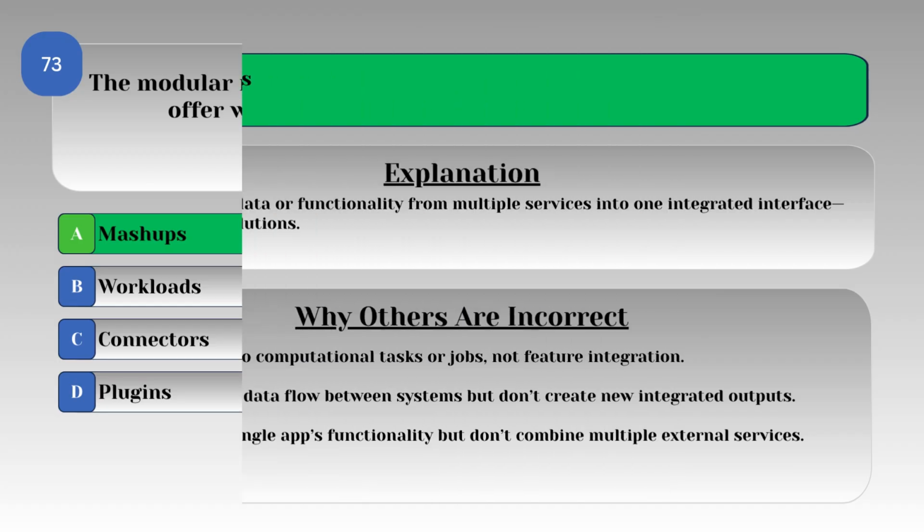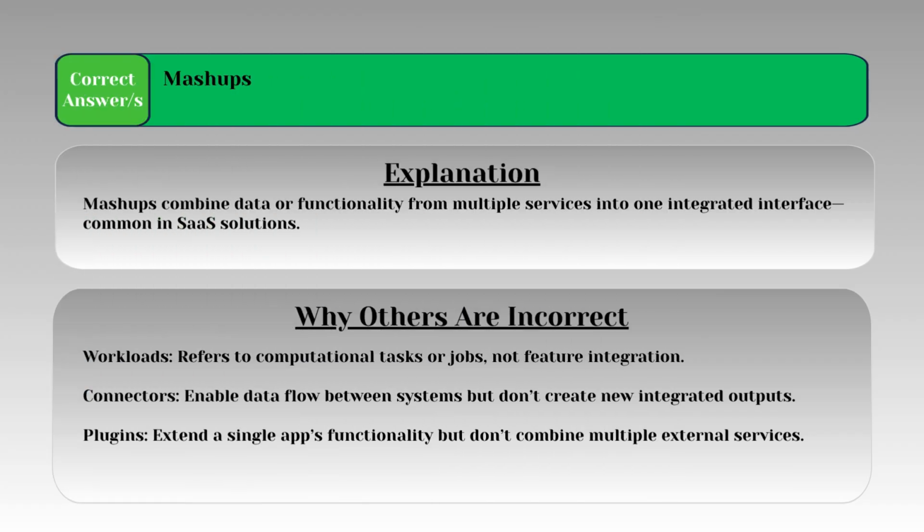Explanation: mashups combine data or functionality from multiple services into one integrated interface, common in SaaS solutions. Why others are incorrect: workloads refers to computational tasks or jobs, not feature integration. Connectors enable data flow between systems but don't create new integrated outputs. Plugins extend a single app's functionality but don't combine multiple external services.